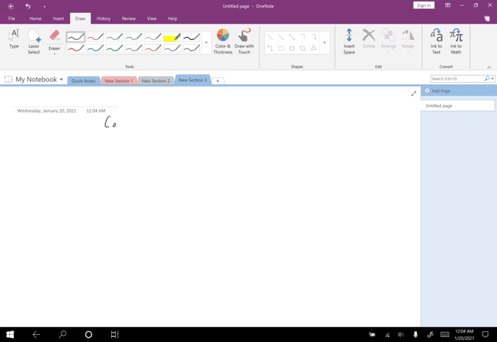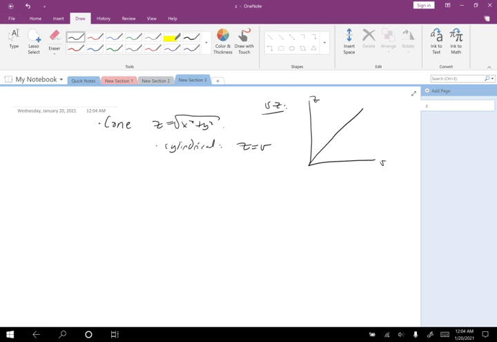We can think about the cone. z equals the square root of x squared plus y squared. We already knew this was simple in cylindrical, because this is just z equals r. If I plot this in the RZ plane, then it's just this line.